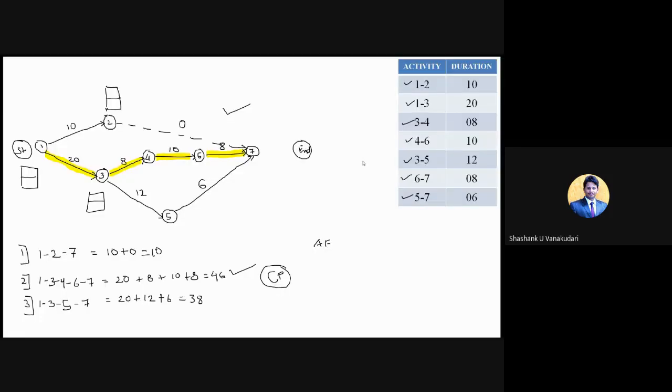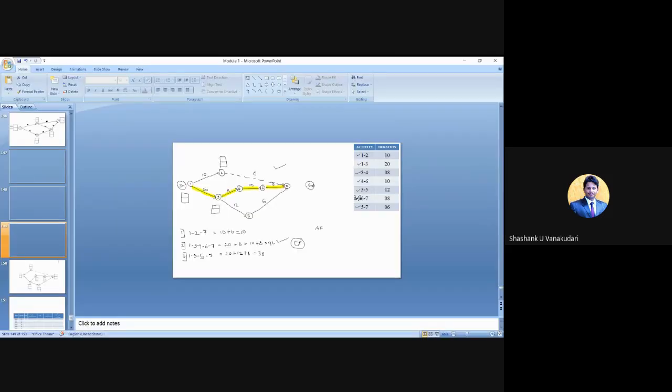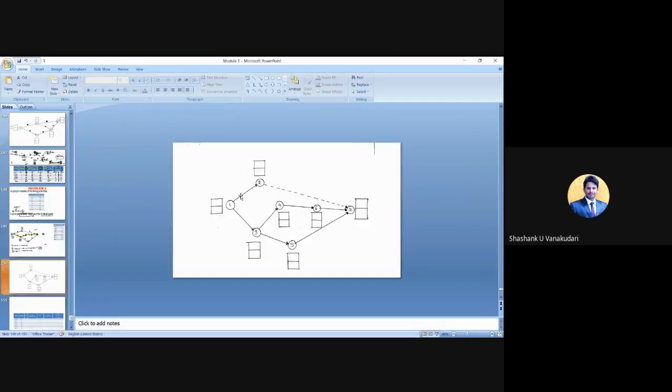Can I erase this? Yes, sir. Now, just draw the table and find out.